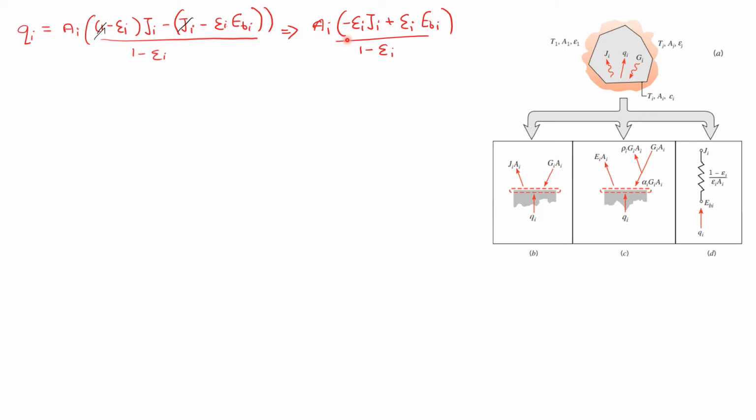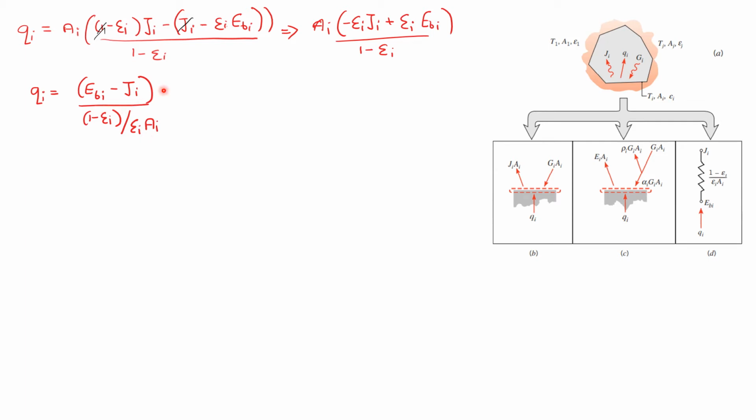It will be Qi, or the net radiation at surface i, equals Ai times (minus epsilon Ji plus epsilon i Ebi) divided by 1 minus epsilon, or we can write this as Ebi minus Ji divided by (1 minus epsilon upon epsilon times A).